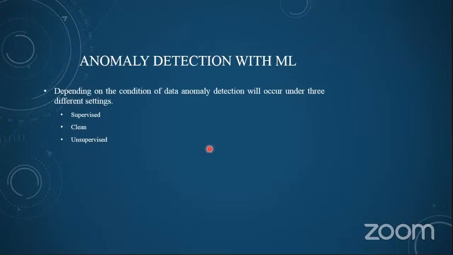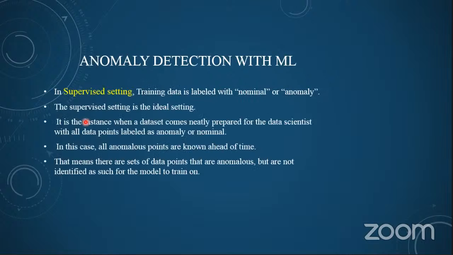Depending on the condition of the data, anomaly detection will occur in three different settings. One is the supervised setting, the second is the clean setting, and the third is the unsupervised setting. We have some data and we are going to build a machine learning algorithm or model. The first thing we will look into is the supervised settings.